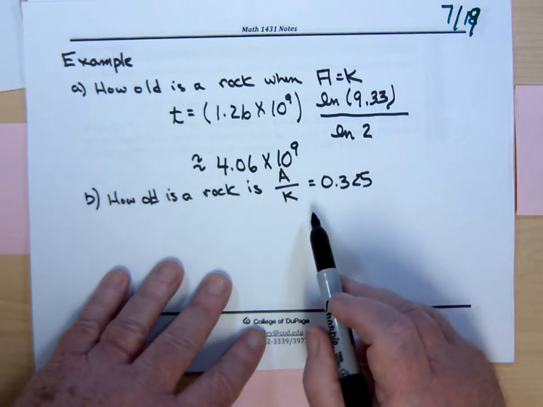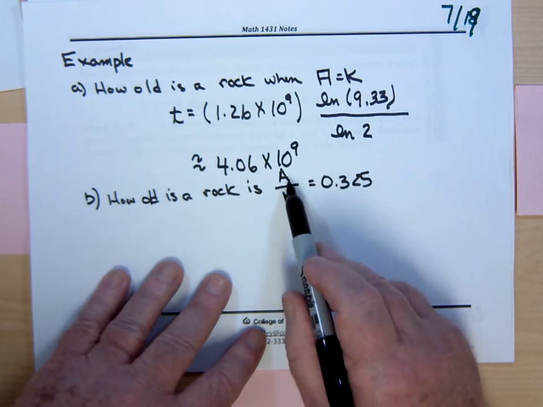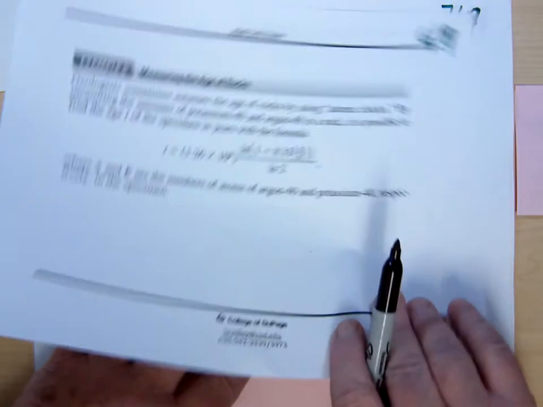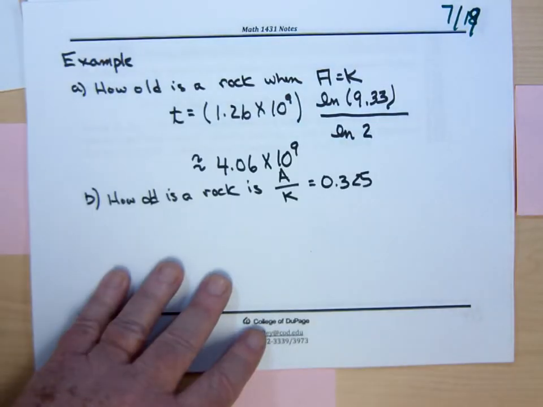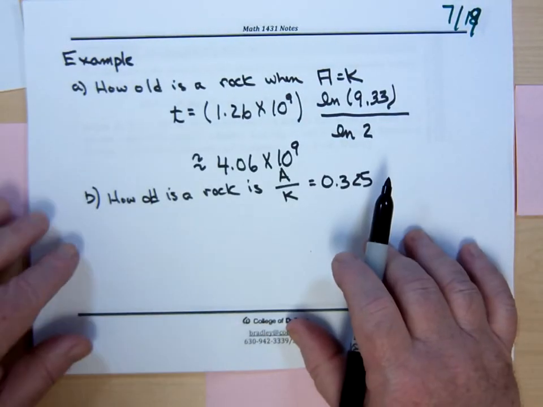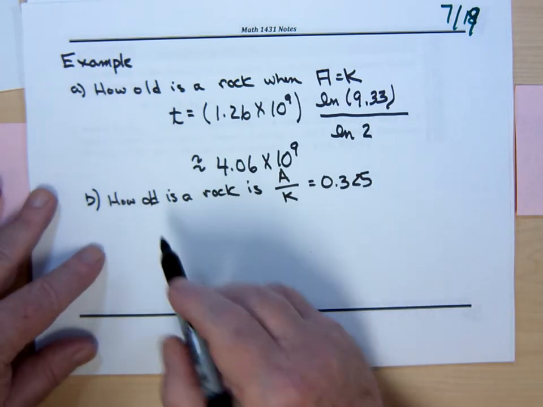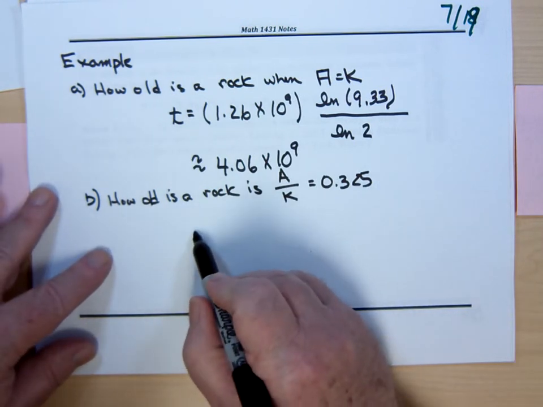The second example of this says, what if the ratio of A to K, which again is the huge thing that this formula depends on, is 0.325? How old is a rock if that's true? So again, we're plugging into the same formula.